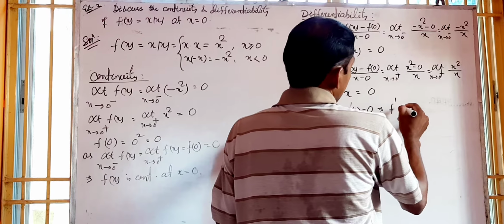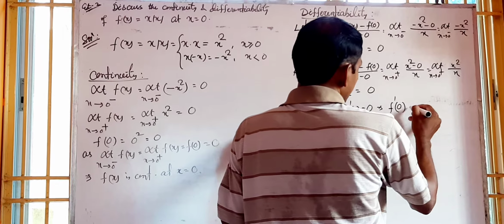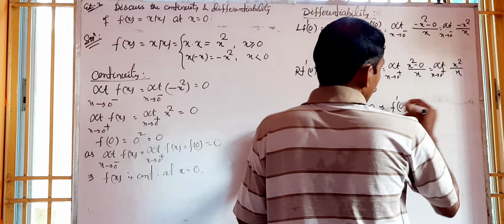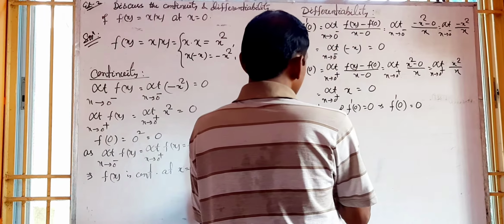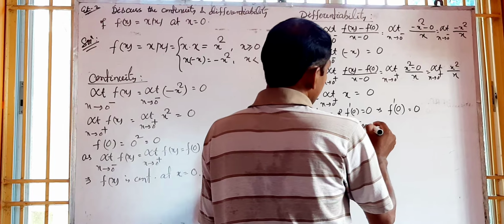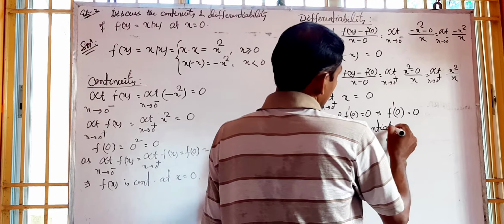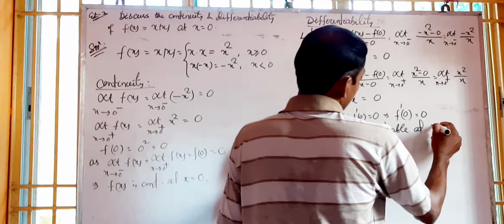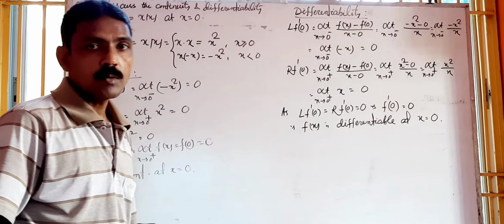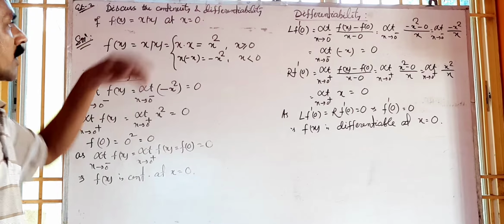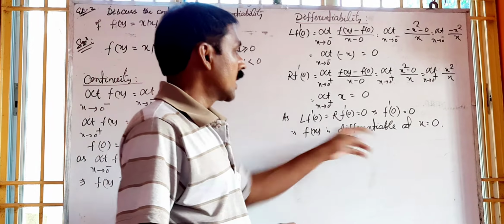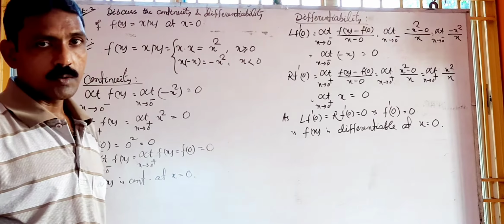This implies f dash of 0 equal to 0. That means f of x is differentiable at x equal to 0. That means this function is both continuous and derivable at x equal to 0. Clear?